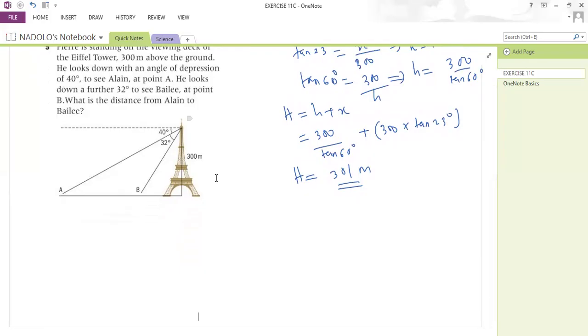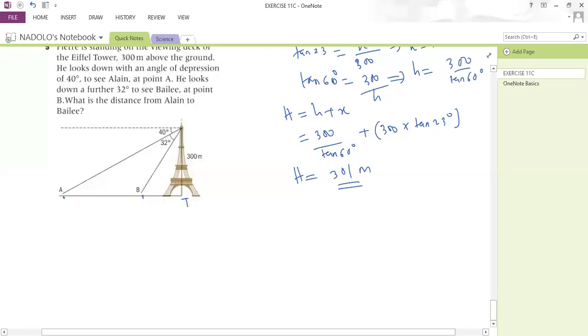Okay. So we'll have these two people and we'll have to calculate the distance between them. Let me call this point T where the tower is.